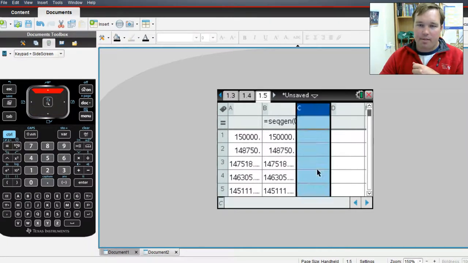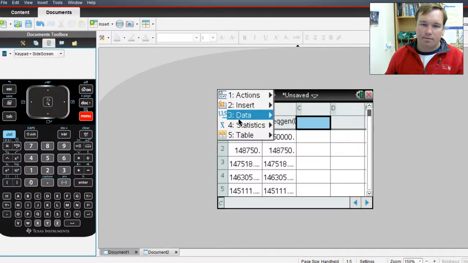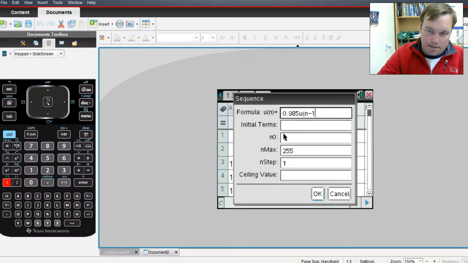Now, how do we do that quickly? Because you can imagine a sequence that can go on for a very long time. You don't want to spend all this time scrolling down. Well, once again, let's go to sequence generator. Data, generate sequence. We want to do 0.985 U bracket n take 1 plus 1,000, starting at 150,000.